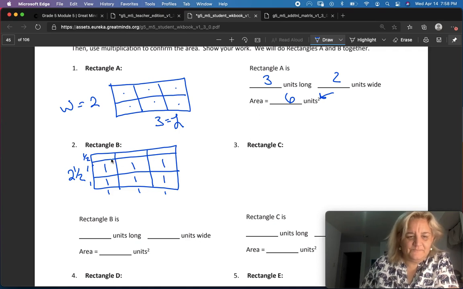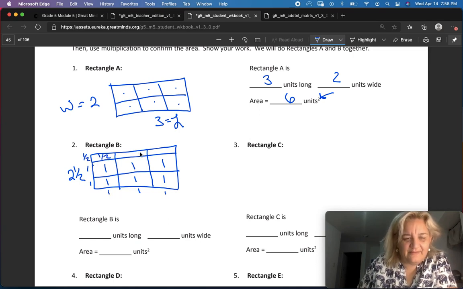holes there. Now I have a half and a 1 here, so 1/2 times 1 is 1/2. And all three of these are the same. But what is my area? I've got 1, 2, 3, 4, 5, 6, and 3 halves. 6 and 3 halves. Oops.